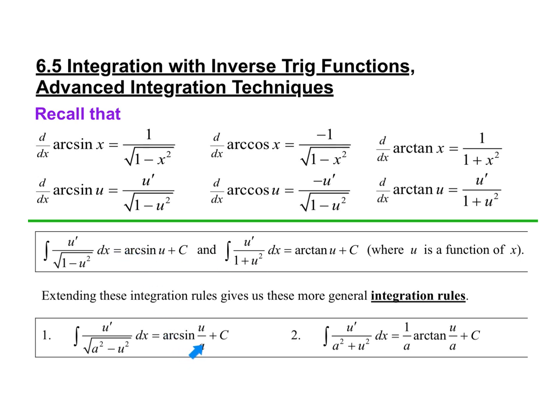If a is 1, then it's just u. If this a is 1, then there's nothing in front of the arctan, and it's just u. But when a is not 1, we still have the ability to calculate the integral of each of these. You just have to account for the a.